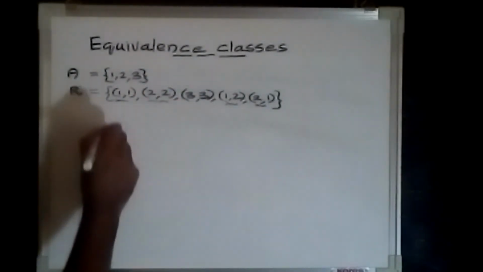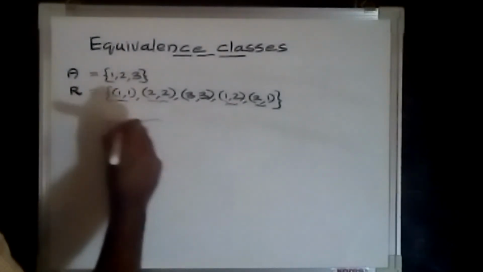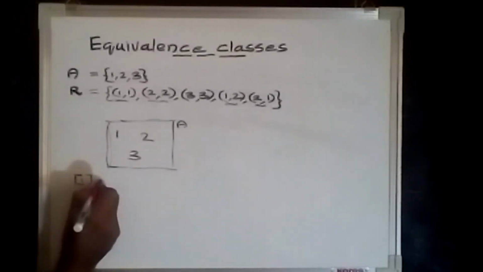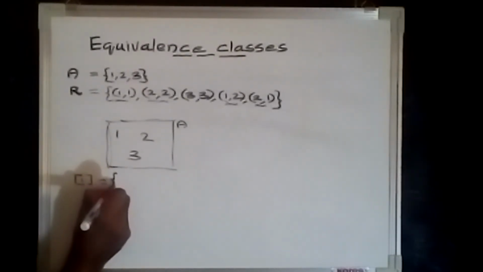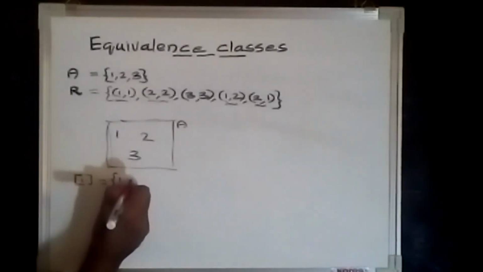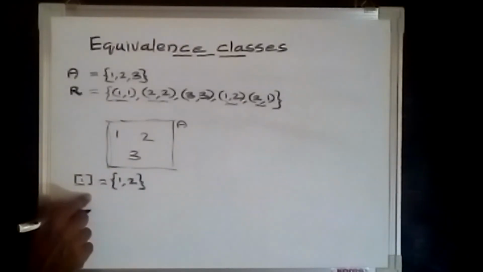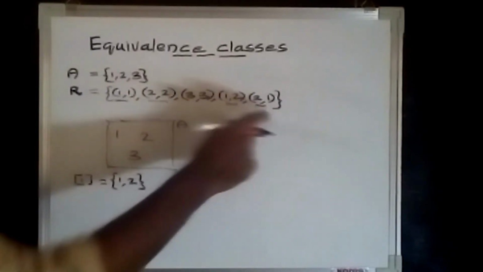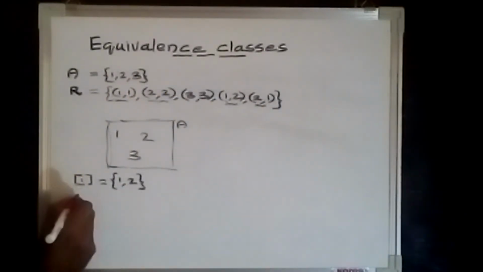If we denote the equivalence class containing 1 as class 1, it equals the elements related to 1, that is 1 and 2.